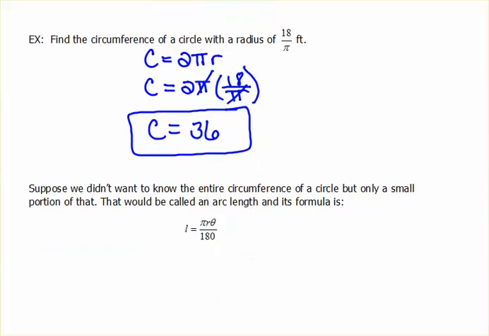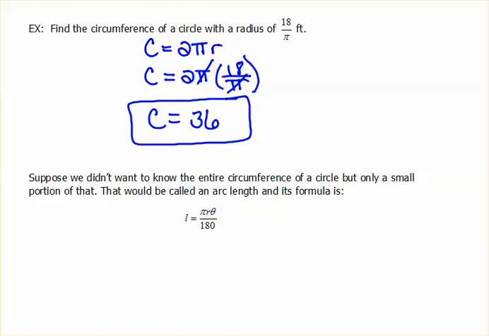Now, last thing is we can also look at partial parts of circumferences, so just a small portion. Just a small portion of that entire circumference would be called an arc length. And it has a formula that says the arc length L equals pi times the radius times the angle divided by 180.